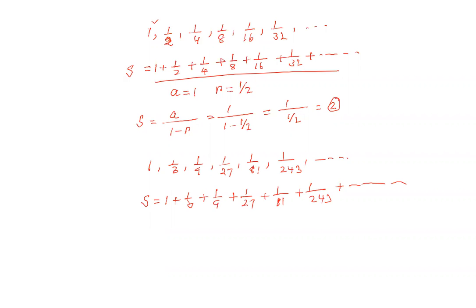So it's simple. A is equal to 1 and R is equal to 1/3. So S is A over 1 minus R, which is 1 divided by 1 minus 1/3, which is 1 over 2/3, which is 3/2. That is 1.5.